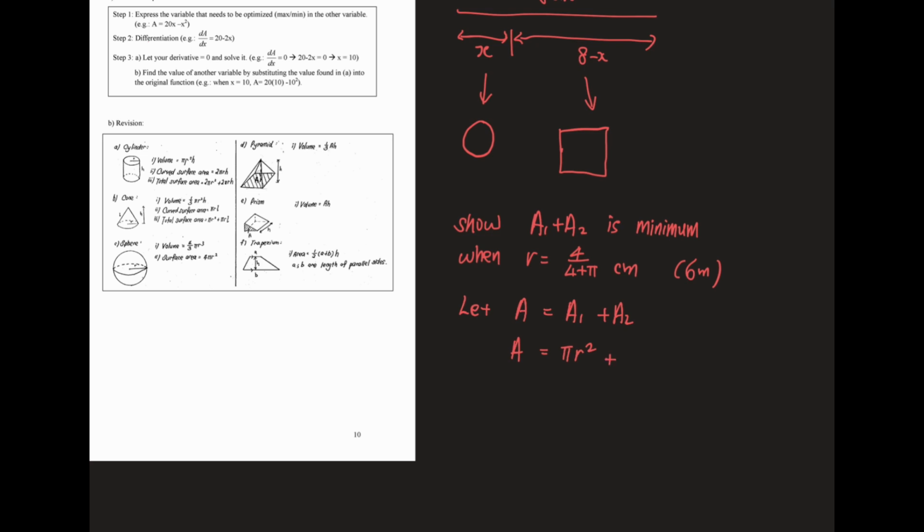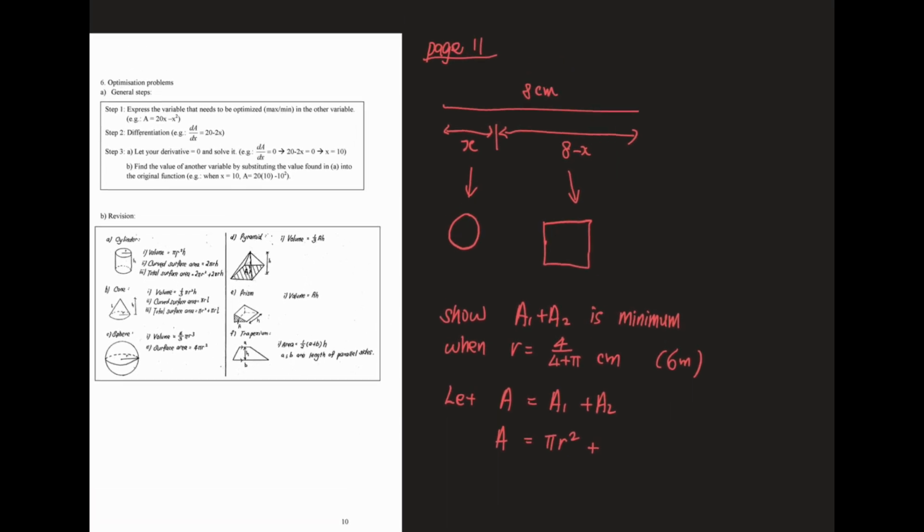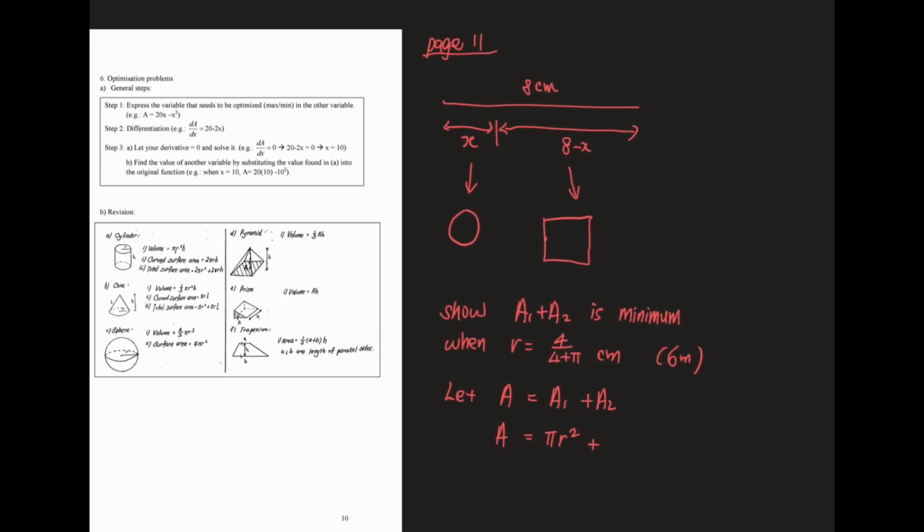Let's say area 2 is the square. So to find it, it's just base times length. Since we have the perimeter of 8 minus x, we should expect each side to be 8 minus x over 4. And the area is hence (8 minus x over 4) squared.